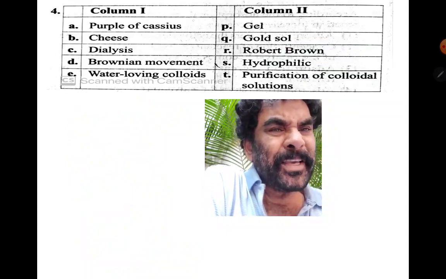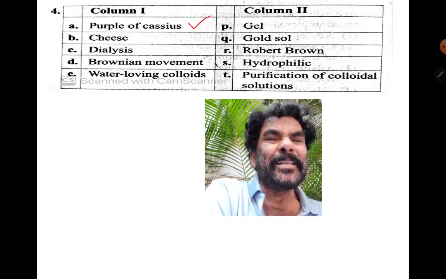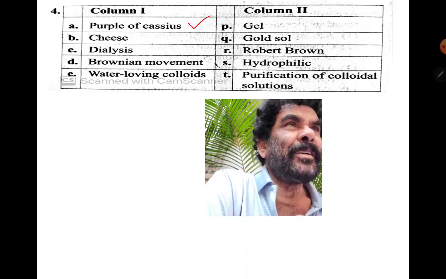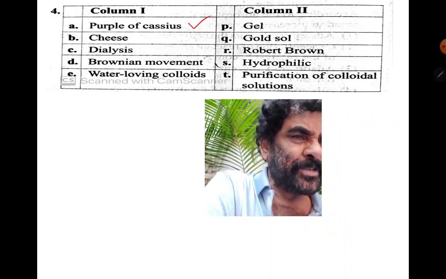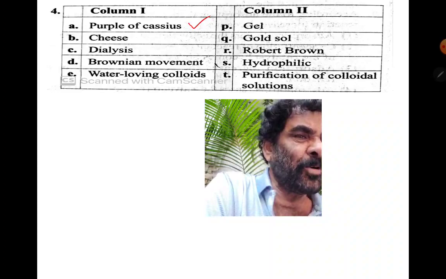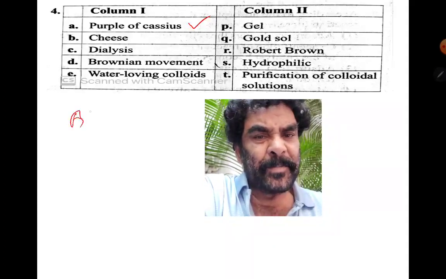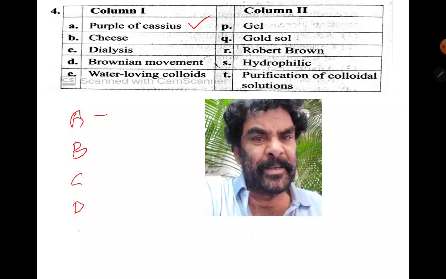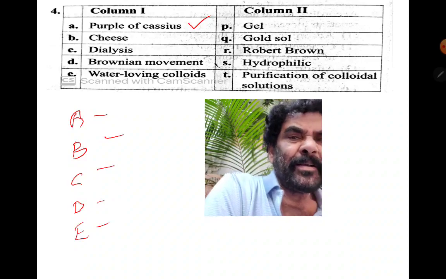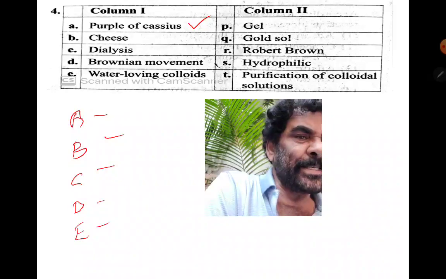Now purple of Cassius in metallurgy is a gold salt. Gold colloidal solution on tin dioxide is called purple of Cassius. This is a gold salt. So again let me write A, B, C, D, E. Purple of Cassius, gold salt, Q.